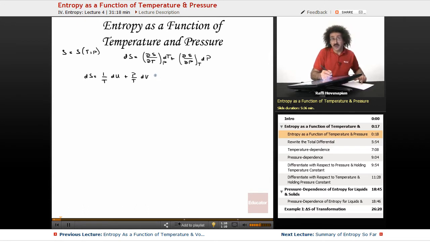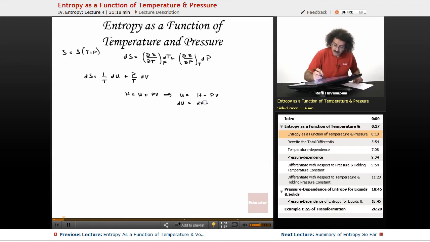Let's recall the definition of enthalpy. Enthalpy is H equals U plus PV. Therefore, I'll go ahead and move this around, and it becomes U equals H minus PV.